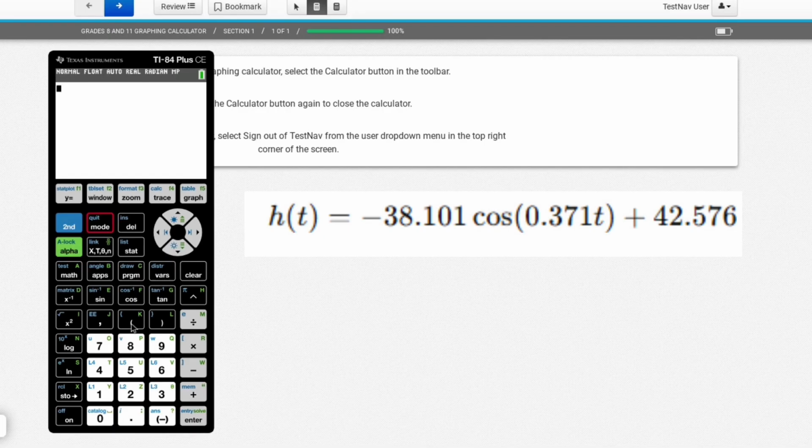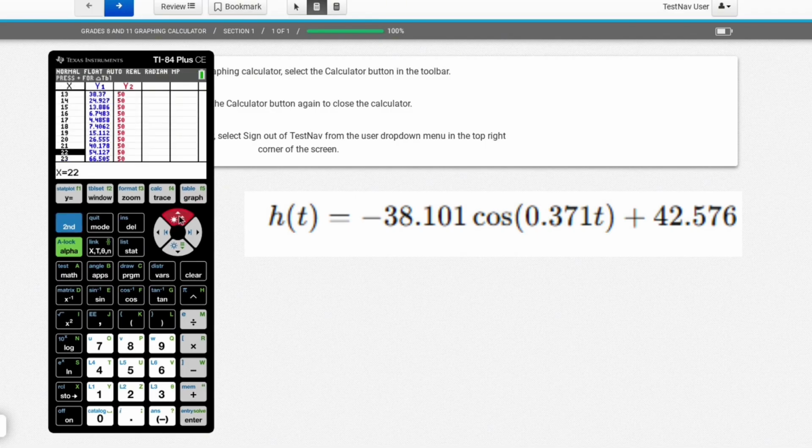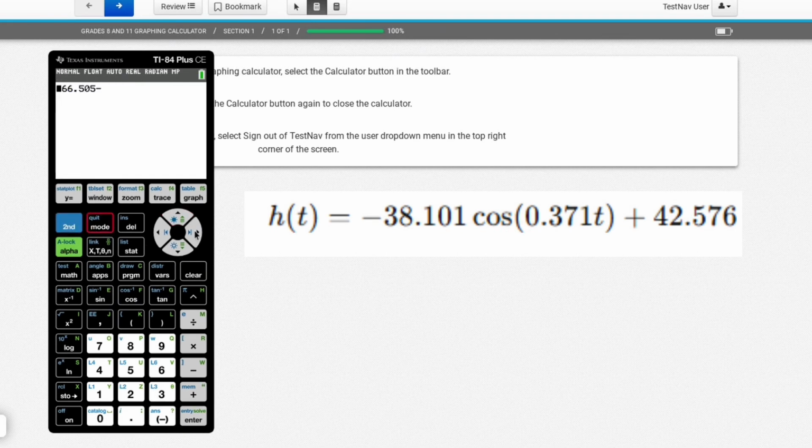find out that that's 66.505. So let's quit out, make our numerator by making a parentheses first, 66.505 minus. Now let's go back to our table and find out what happens at 11, and that is 65.066. So let's quit out of that again. Okay, go back here, 65.066.